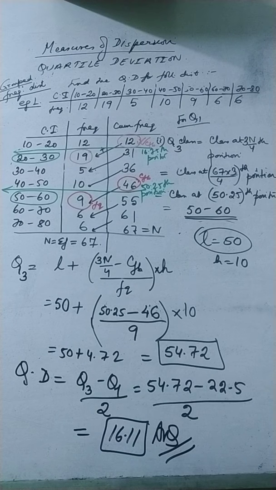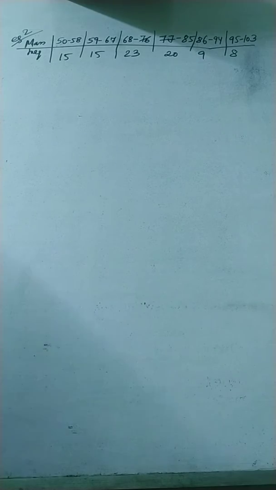Let us do another one now. Find the quartile deviation for the distribution. This is the next question under the same category, where the masses of a certain number of people are given.